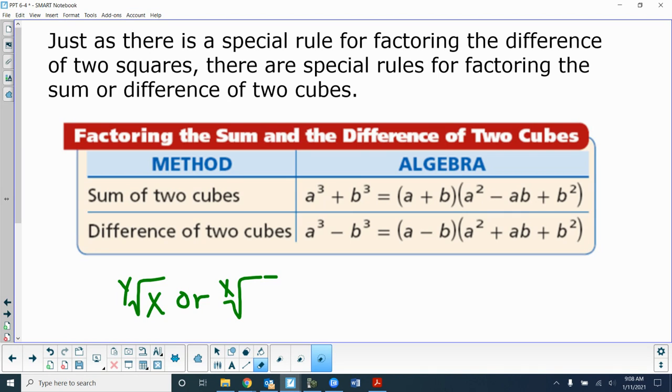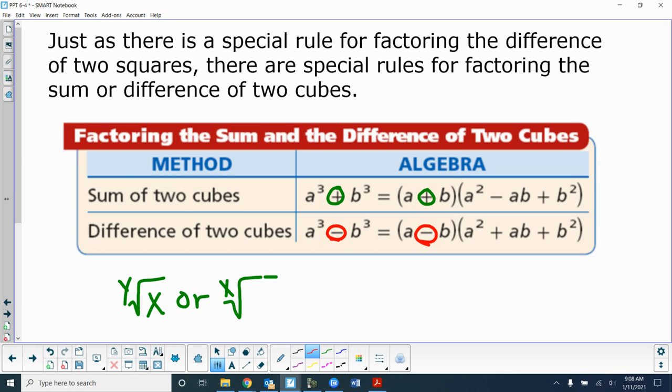Anyway, if you know these are perfect cubes, you take the cube root of both. Cube root of A cubed is A, cube root of B cubed is B. Those match. These match, always. It's minus between the A and the B, or whatever they are, if it's a minus. It's a plus if it's a plus, okay? Then you take this first term here, and you square it to get that one.